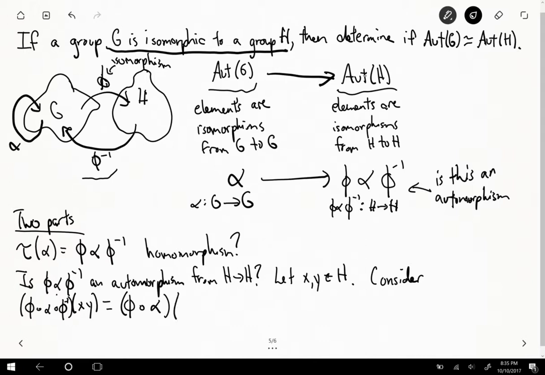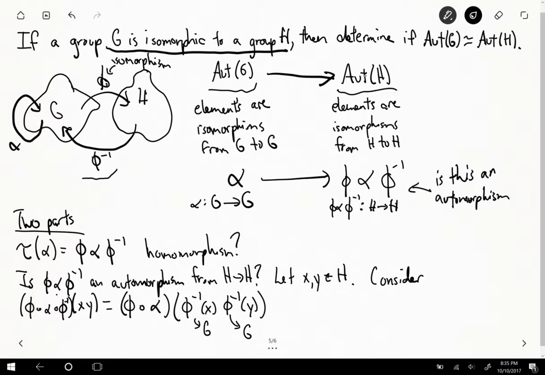So we can break this apart into phi inverse of x, and then phi inverse of y. Okay? Well, now, this is an element of G. This is an element of G, right? Because we map back over here.